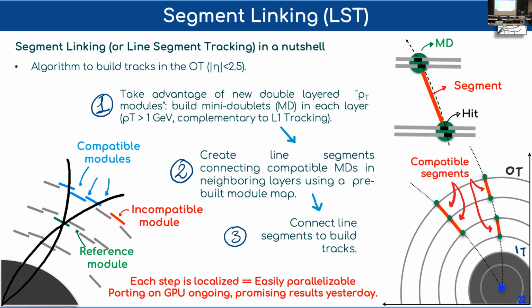I will not go too much in detail because this is still a calorimeter in some way. But at the end, the idea was to make all of these steps already easily portable to GPU. So this has been thought using the experience that we had in Run 3 to be one step beyond.